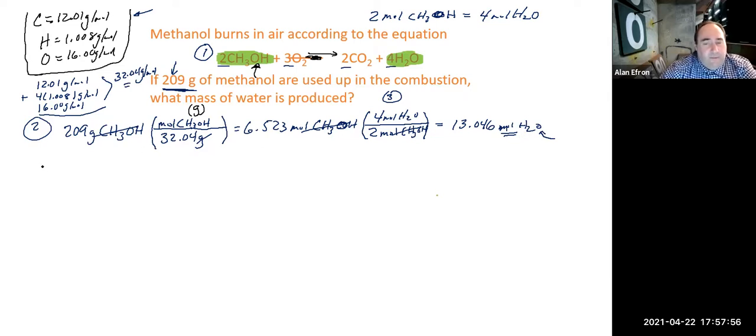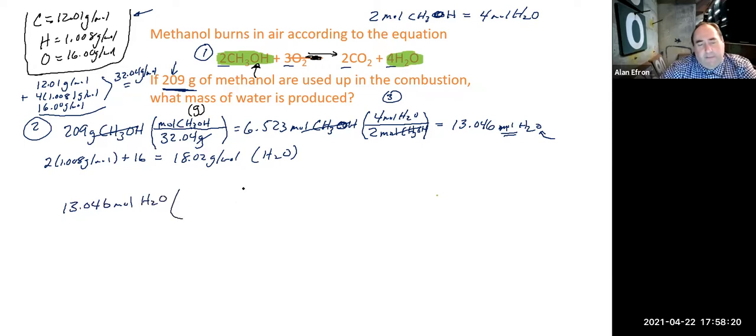So much like we saw in the previous example we did together, water would be 2 times 1.008 plus 16, going to give us 18.02 grams per mole as the molar mass for water. And that's what we would use here for our final step.